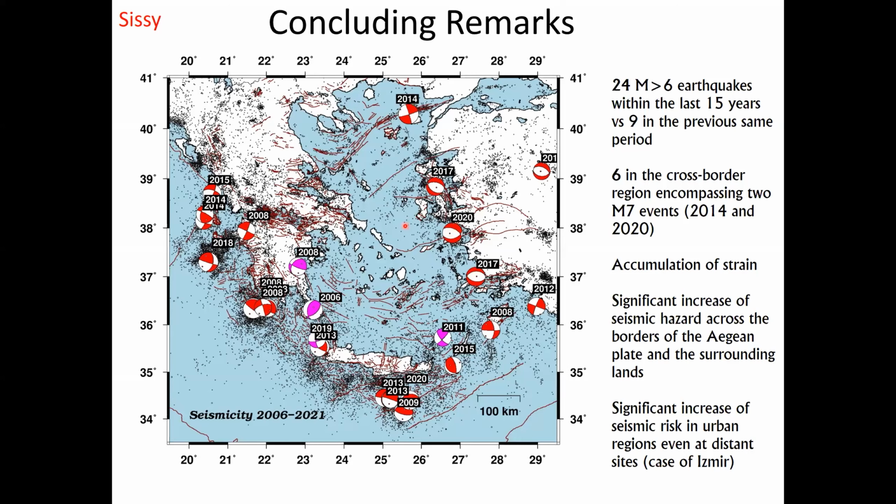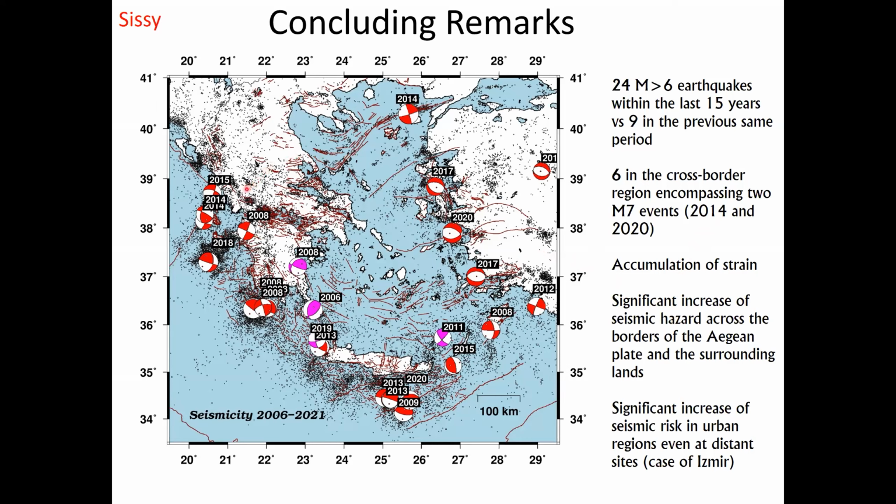Which means that since 2006, and 2008 with the deep focus earthquakes, there is an unclamping of the deformation in the area. So there we have an accumulation of strain, a significant increase of seismic hazard, and a significant increase of seismic risk, especially in urban areas.